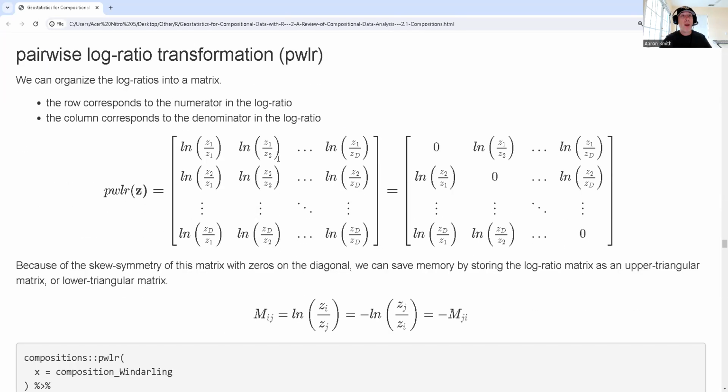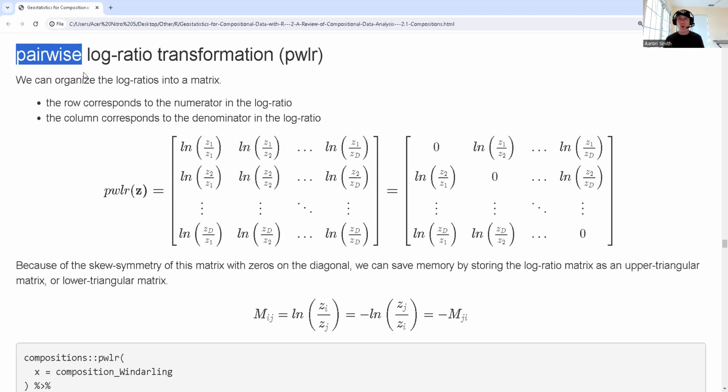All right, so let's talk about the pairwise log ratio transform. Just like the name indicates, we're going to take all the pairwise combinations of the observations within one composition. So for one composition, I'm going to have the ratio of measurement 1 with measurement 2, measurement 1 with measurement 3, measurement 1 with measurement 4, and so on.